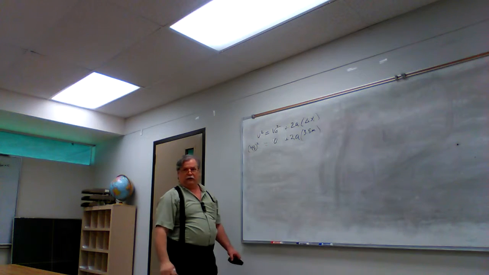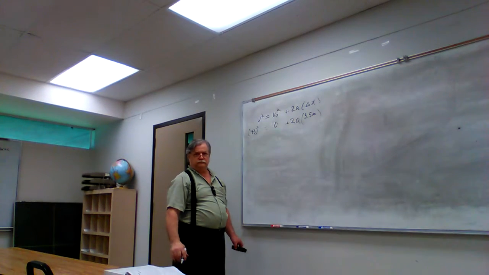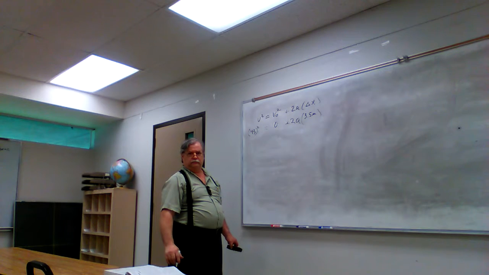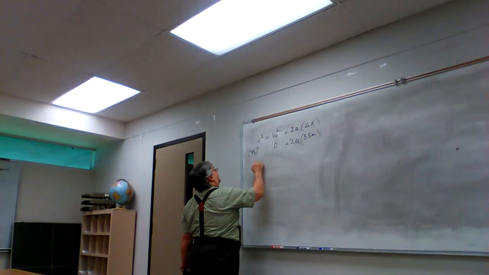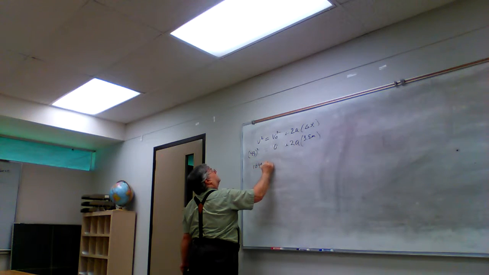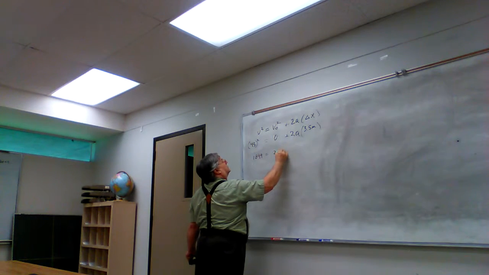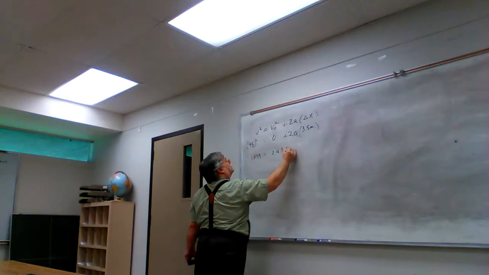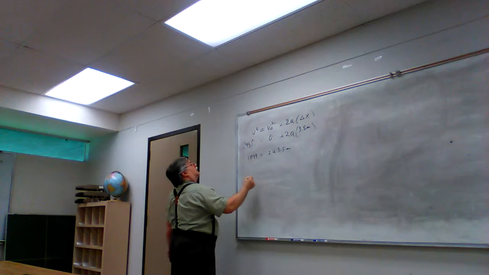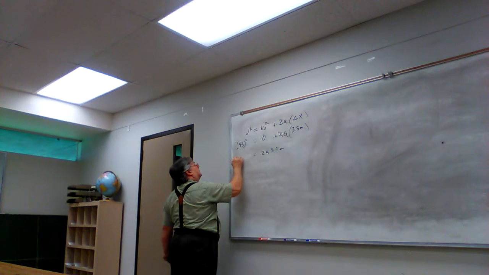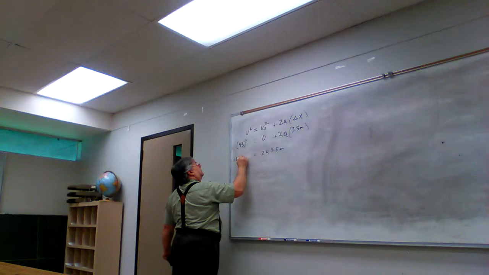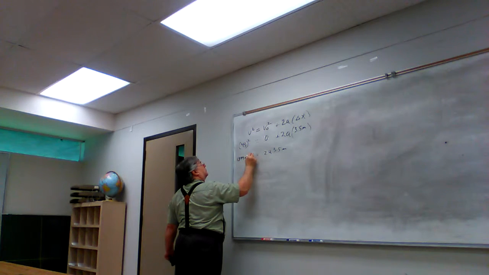What's 43 squared? 1,849 equals 2 times a times 3.5 meters. That would be 1849 meters squared per second squared.